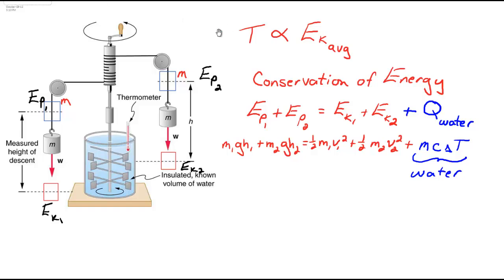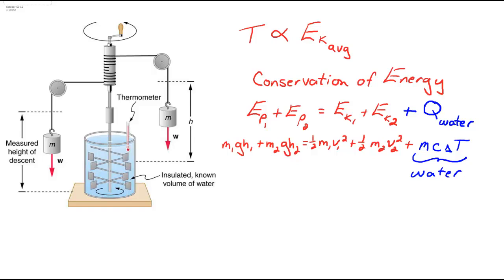So I've got my two potential energies, m1 g h1, and similarly for mass 2. Those two potential energies will get transferred into kinetic and thermal energy. Our kinetic energy is as follows, 1/2 m1 v1 squared and 1/2 m2 v2 squared. And the thermal energy written in blue here is the energy gained by the water increasing its temperature. So we can use this formula to actually figure out the final temperature rise of the water and predict this.